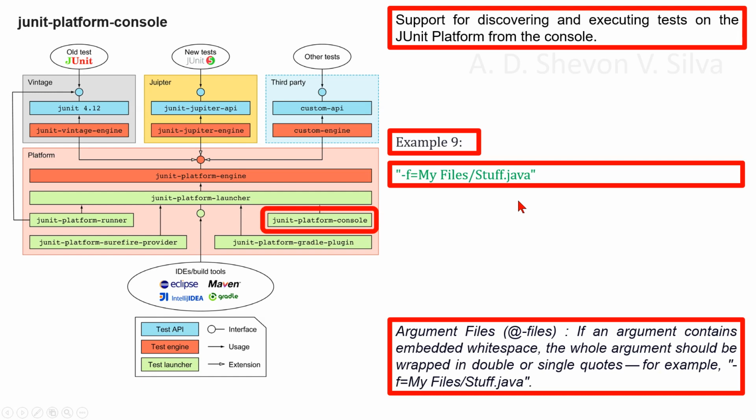If an argument contains embedded white space, the whole argument should be wrapped in double or single quotes, for example, like here. If the argument file does not exist or cannot be read, the argument will be treated literally and will not be removed. This will likely result in an unmatched argument error message. You can troubleshoot such errors by executing the command with the picocli.trace system property set to DEBUG.